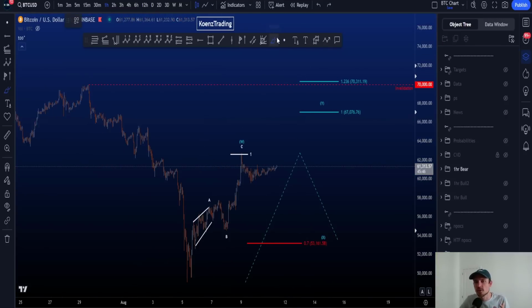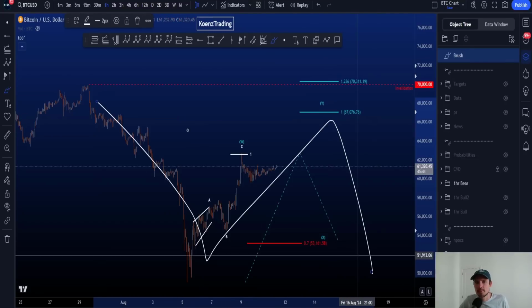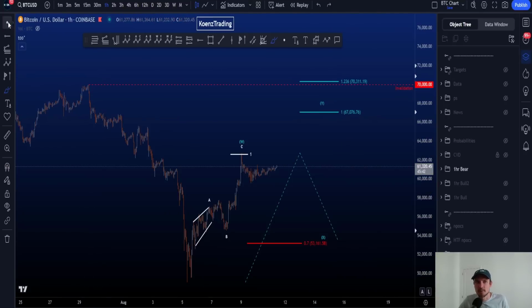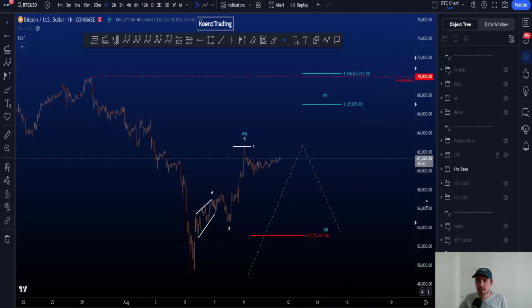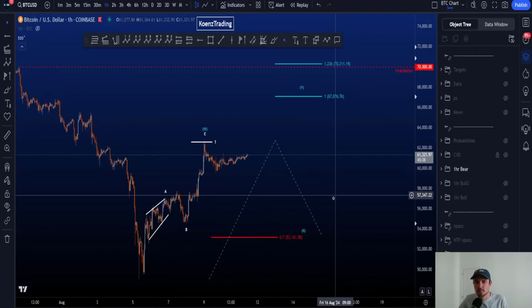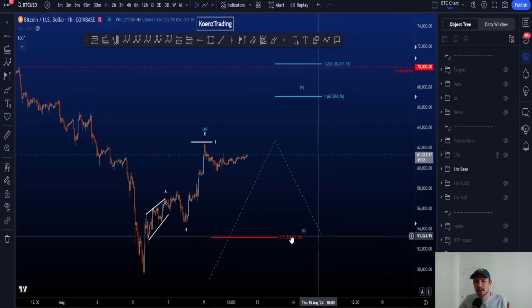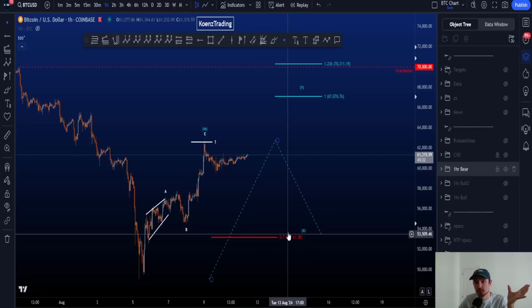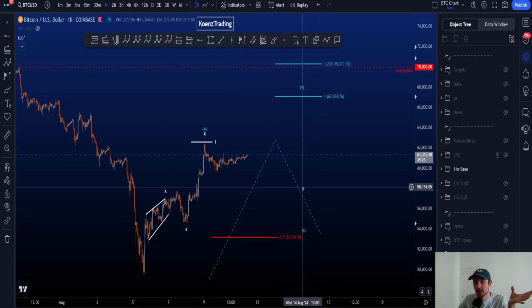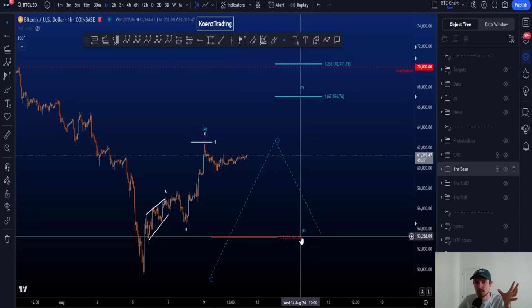But the invalidation of the daily zigzag down in an ABC is this high. And that is very, very interesting because you can see that if price would retrace all the way down to the 0.7, which significantly, by the way, reduces probabilities for a double zigzag, right? 53.1, 53.2K.